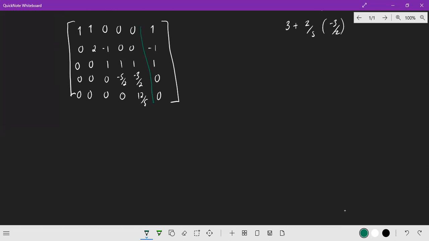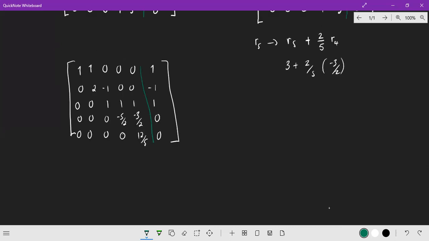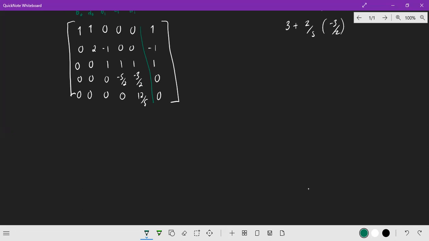So you notice that this position here is the B naught, D naught, B1, C1, D1, right? Okay. So we start with D1. So we're going to have 4 over 5 D1 equal to 0. So our D1 will just be equal to 0.